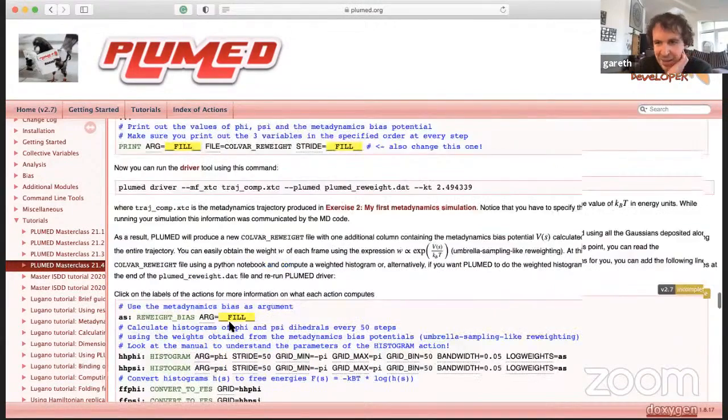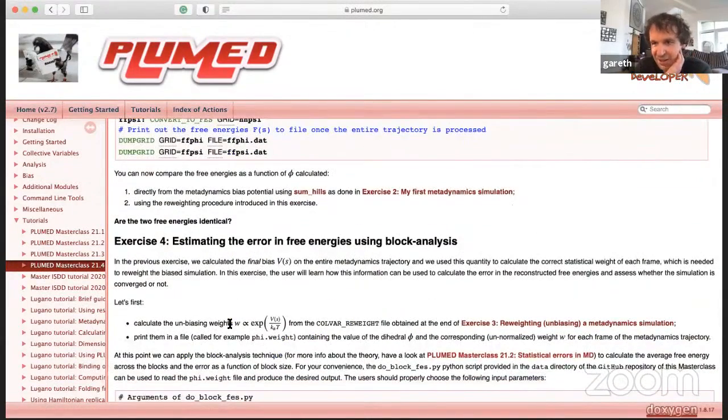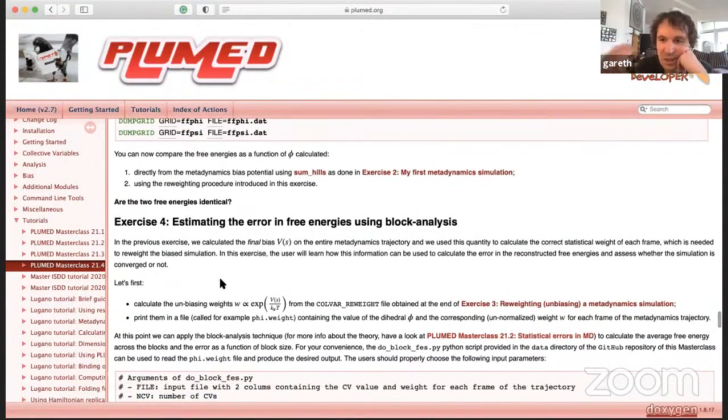Maybe you're all getting déjà vu, but the next thing we're going to talk about is the error bars, because we want our results to be reproducible. We're generating random numbers, so we need error bars in these estimates. Exercise 4 talks about estimating the errors using block analysis.